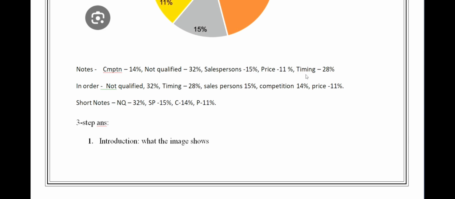Now, we have to go in the order of largest to lowest. So again, I have put them in the correct order. Not qualified is 32, timing is 28, salesperson 15, competition 14, and price is 11. We are not making it very different. We are going in a very simple way.